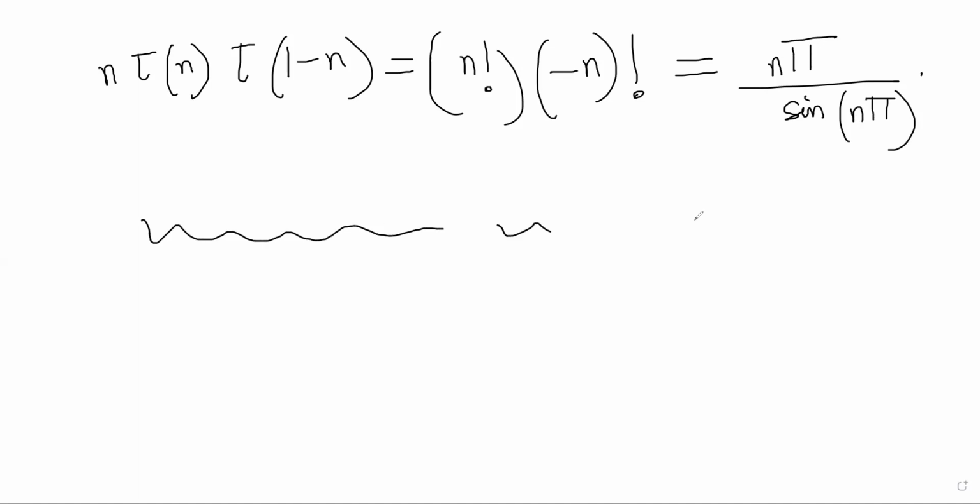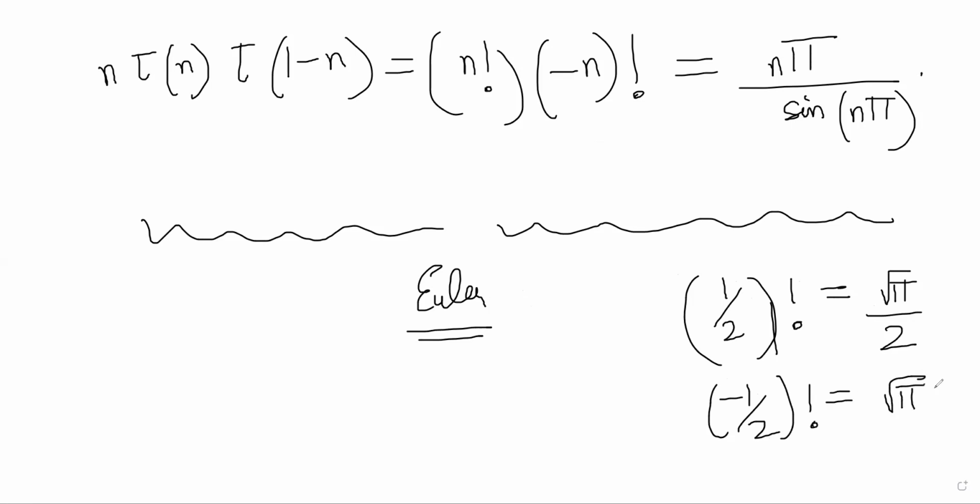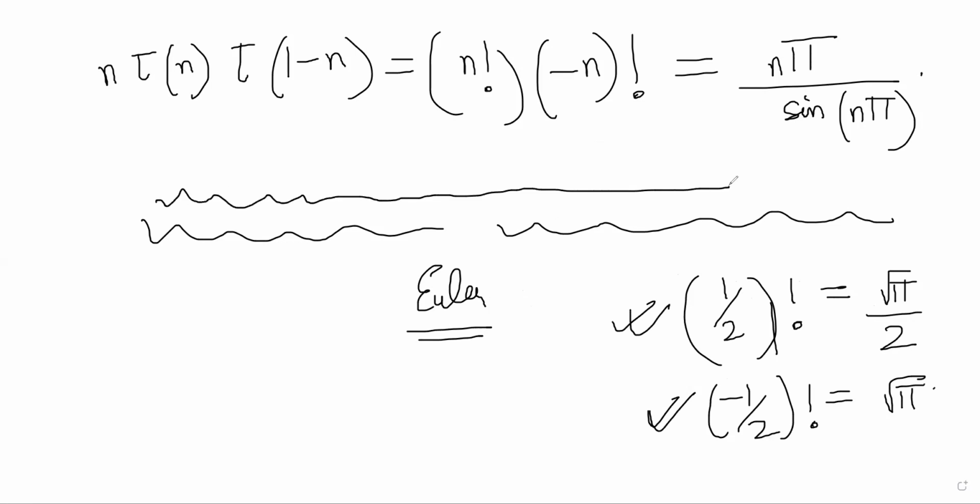And basically, this all was done by Euler in the 1700s. So it is astonishing what he had figured out. We have also found in the video the value of half factorial, which came out to be root pi by 2. And we also found minus half factorial, and that was root pi. And basically, some factorial values like this are now obvious from this formula. This is called the reflection formula.